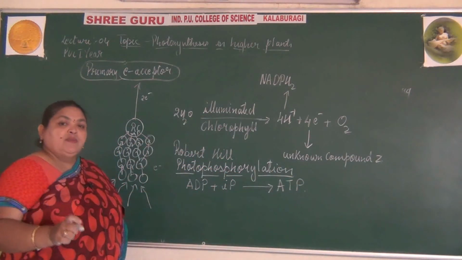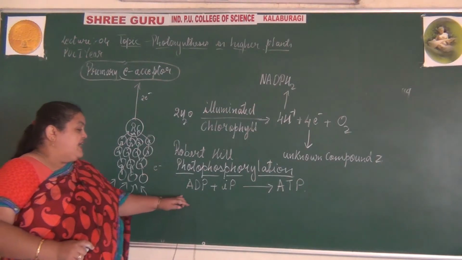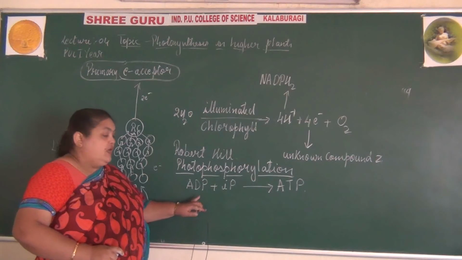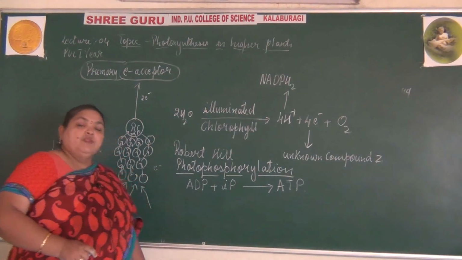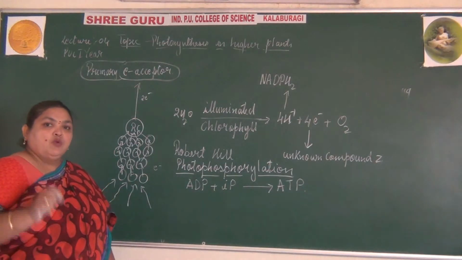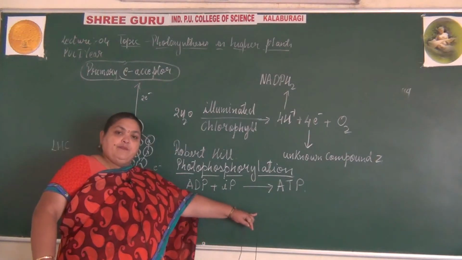This is the common step of phosphorylation, where adenosine diphosphate combines with inorganic phosphate to form the currency molecule or energy component, that is ATP.